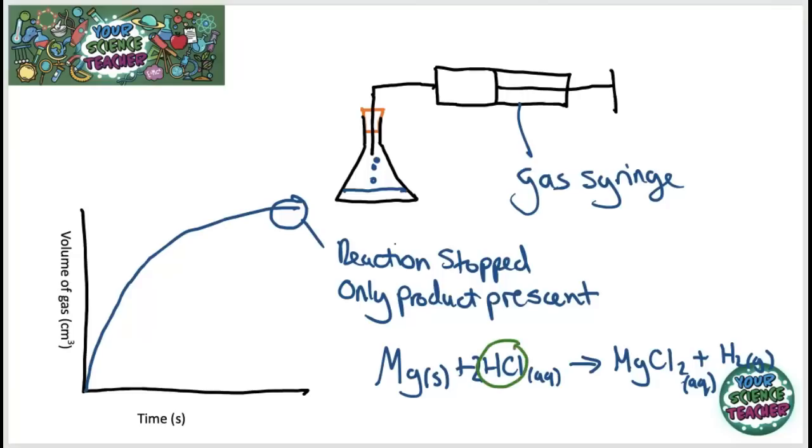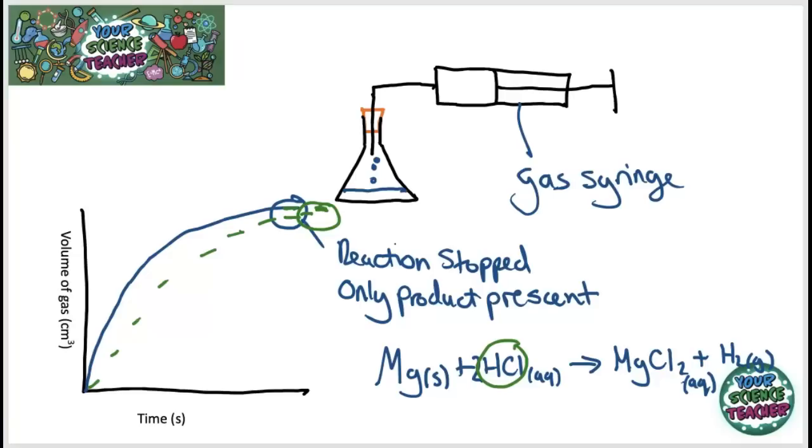What should be observed is if the concentration is less, then the rate of reaction will be less. You should observe a line which is not as steep, but our reaction will eventually stop, just like the first one.